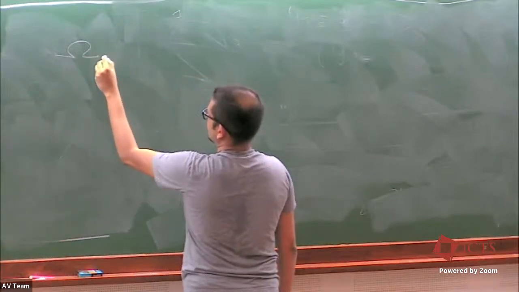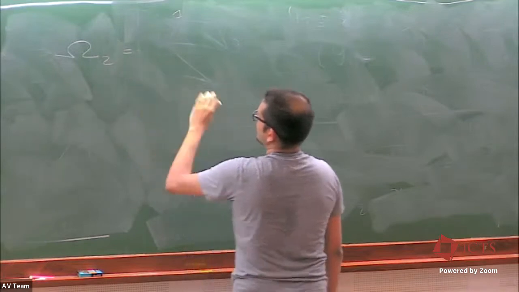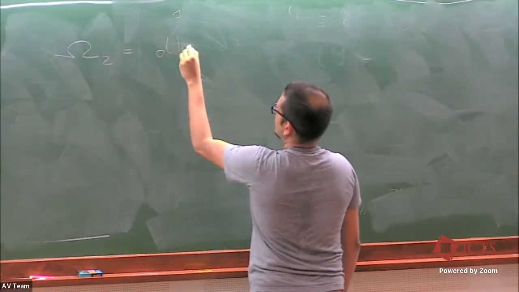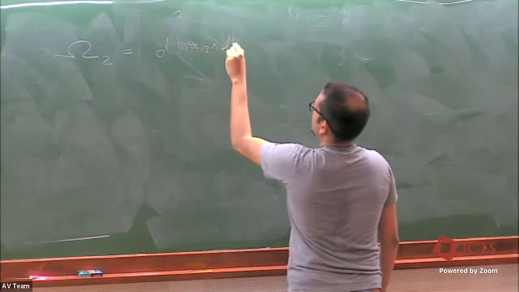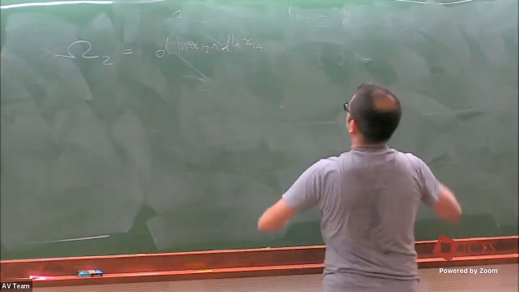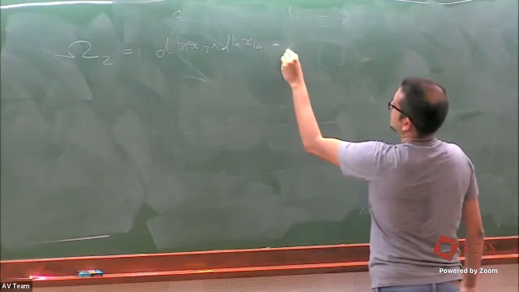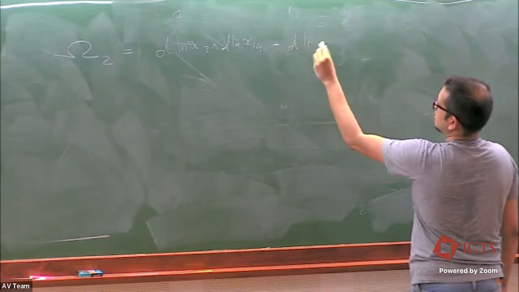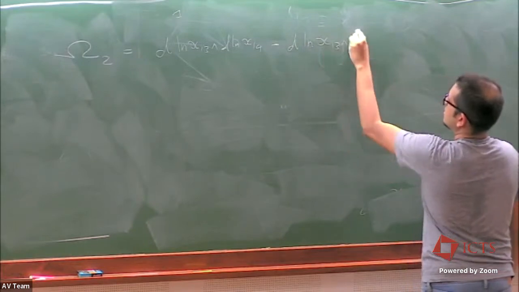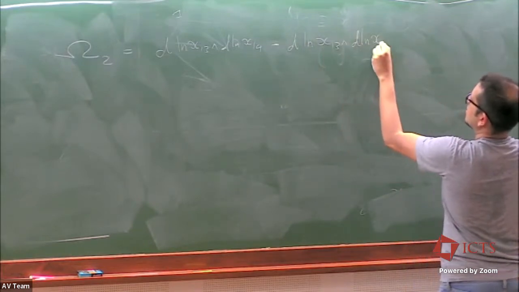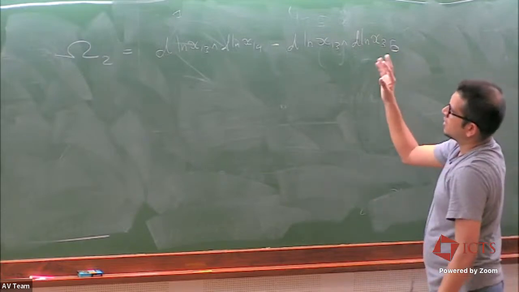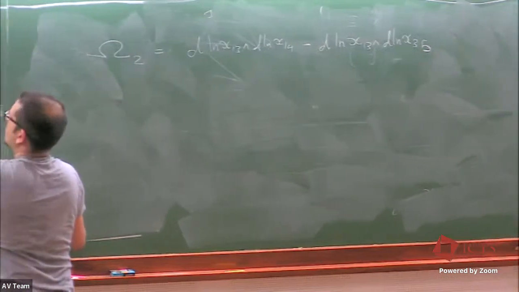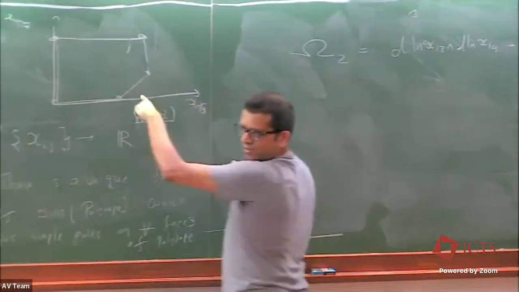So it's a 2-form. So I'll just write it as omega 2, and it has the following form. It's just given by d log x13 wedge d log x14, minus, I will explain where the sign comes from, d log x13 wedge d log x35. So there are 5 terms corresponding to the 5 vertices of the polytope.